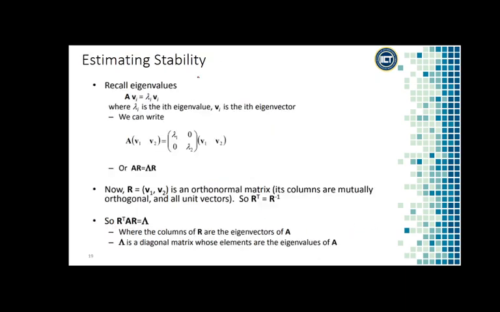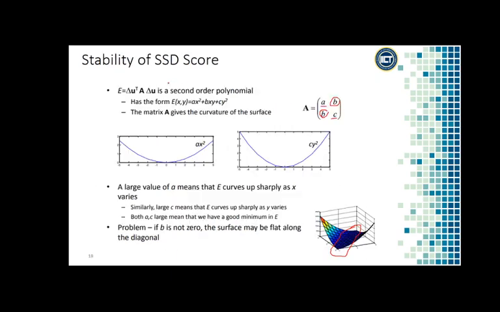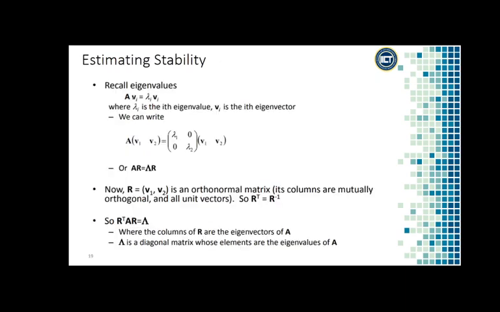So how can we estimate the stability here? Recall we have a similar pattern here which is related to eigenvalues. In eigenvalues we have this format, right?